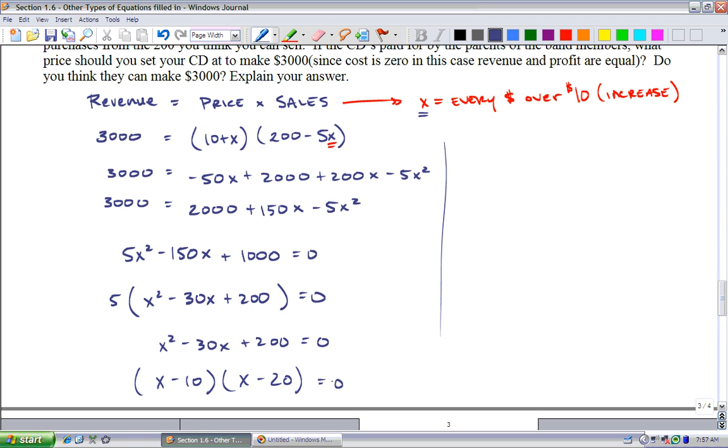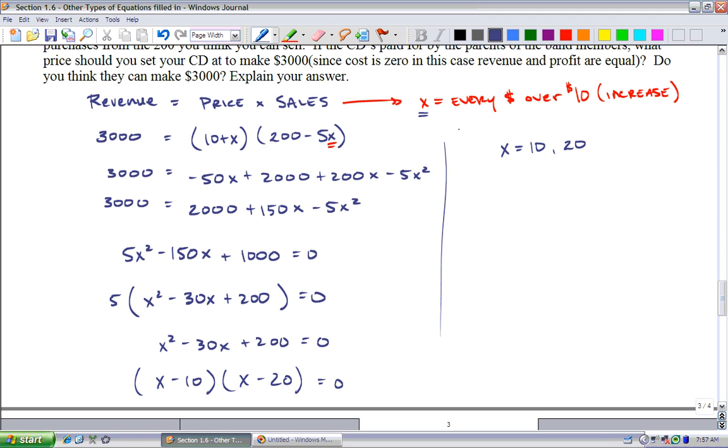Again, remember, you could use the quadratic formula in this case, but since it factors, this is kind of nice. So in the end here, we end up with x could equal 10 or 20.